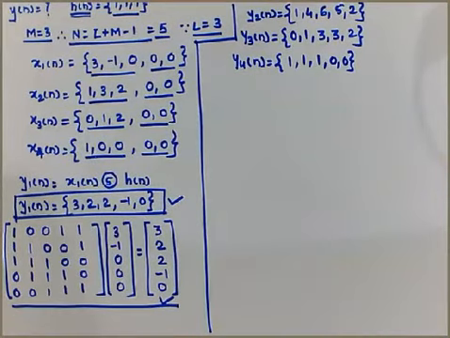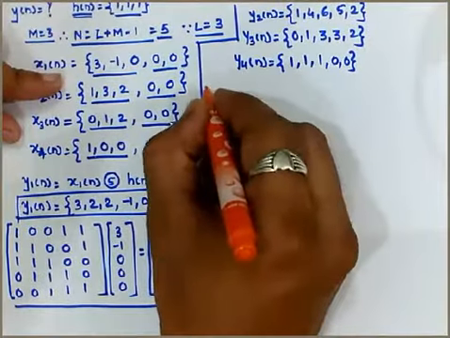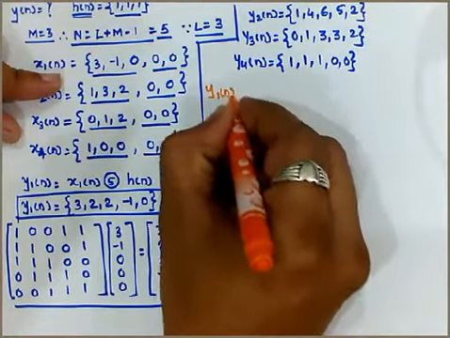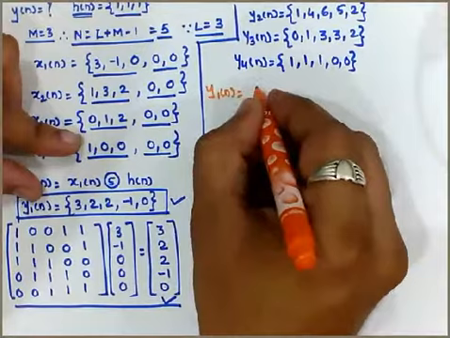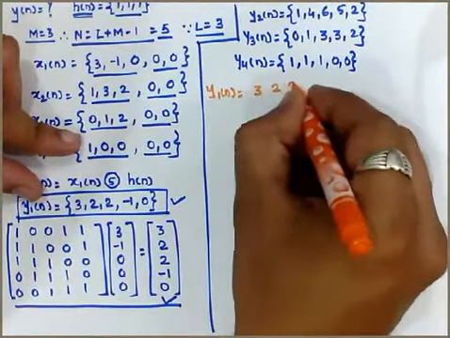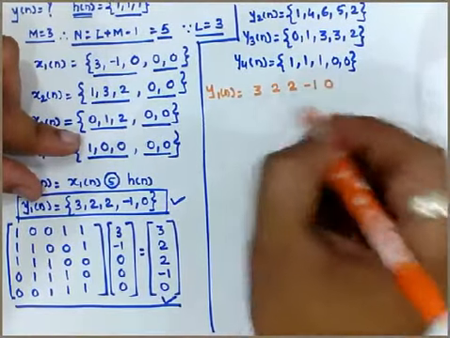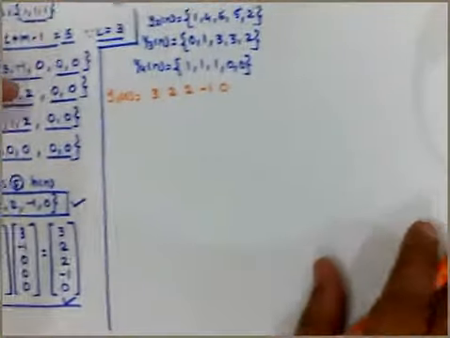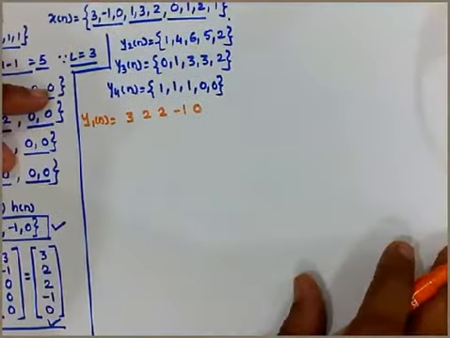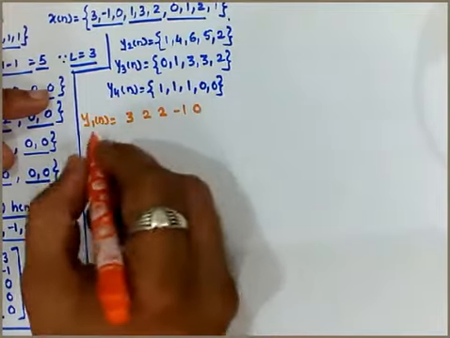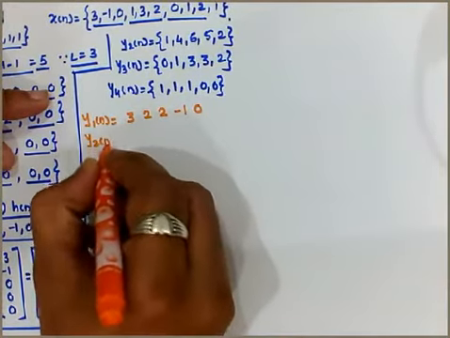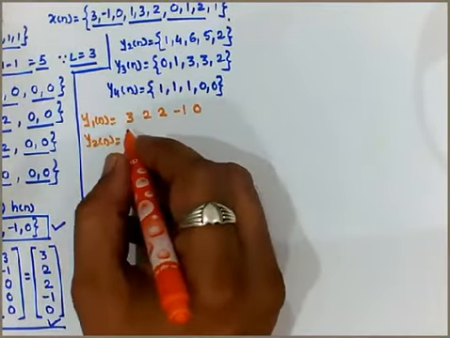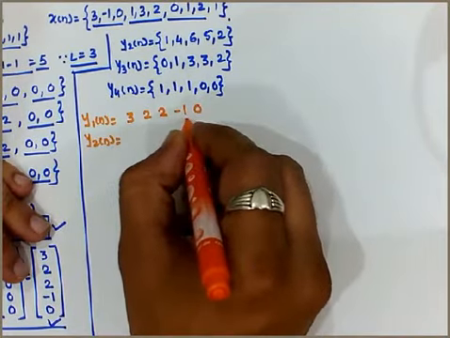Now once we got all these values, let's rearrange these values so that we will be able to check the result for overlap add method. So let me write down here y1 of n, that is 3, 2, 2, minus 1 and 0. Next case is nothing but the y2 of n. Here remember the last values are to be overlapped with each other.